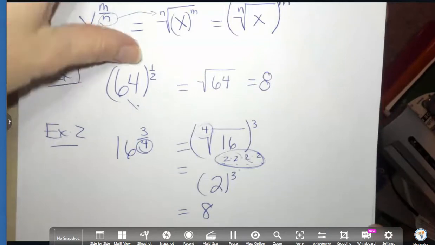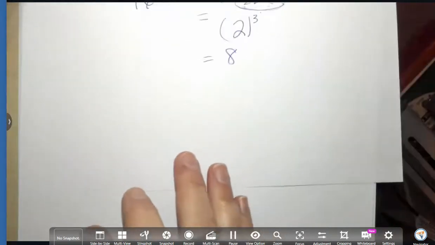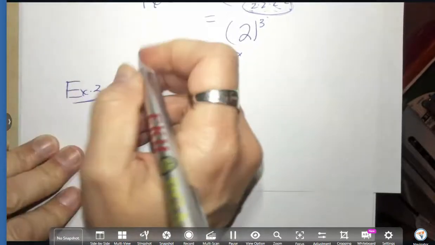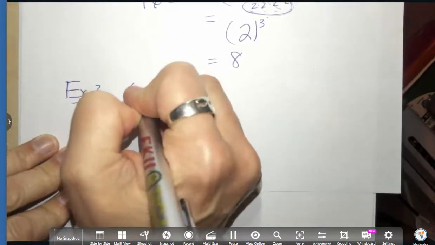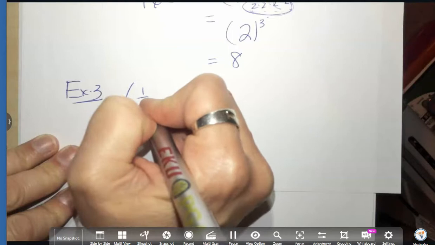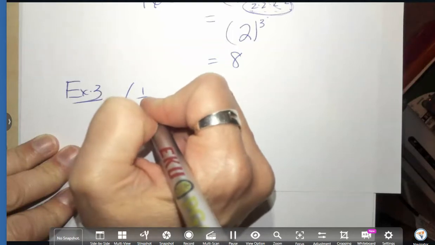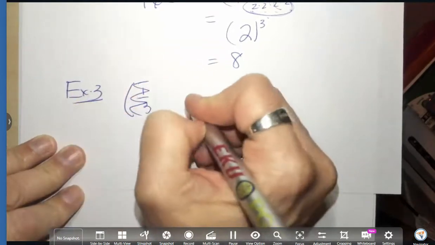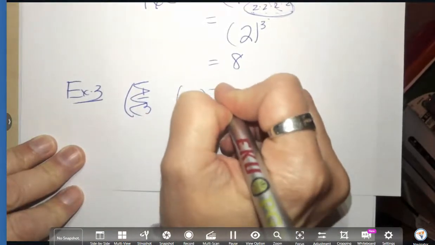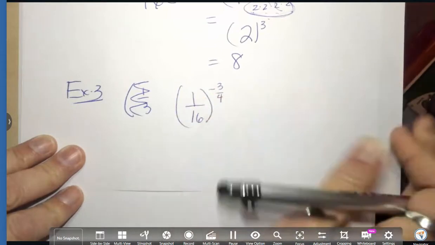Now another example would be something like this. Let's think about our negative exponents here. I want to do 1/16 raised to the negative 3/4 power.